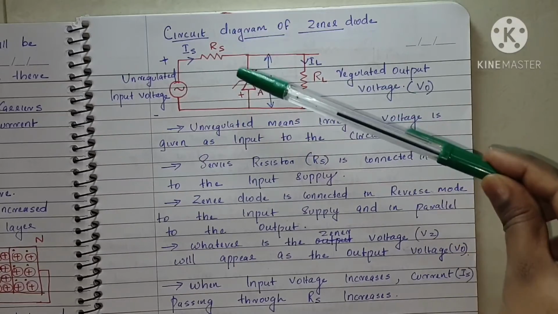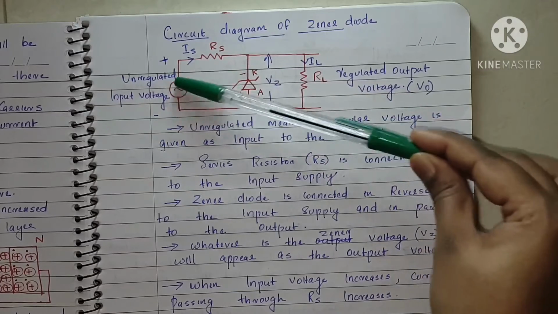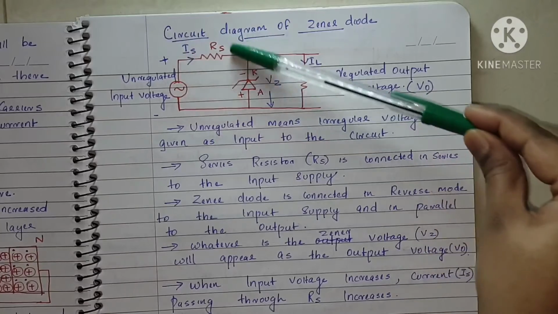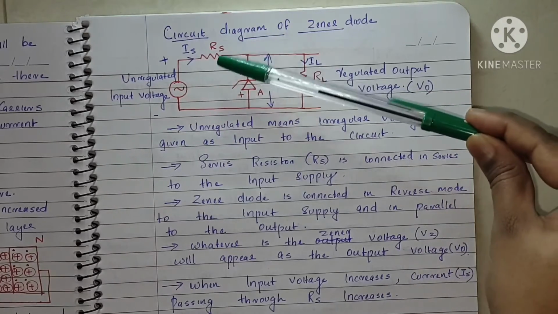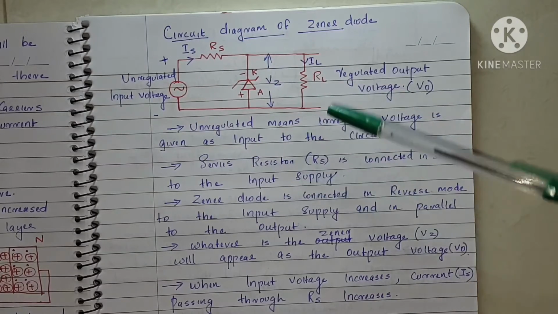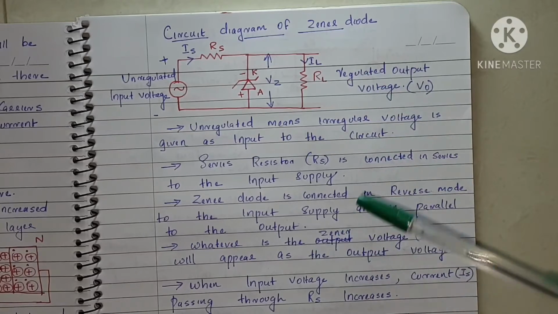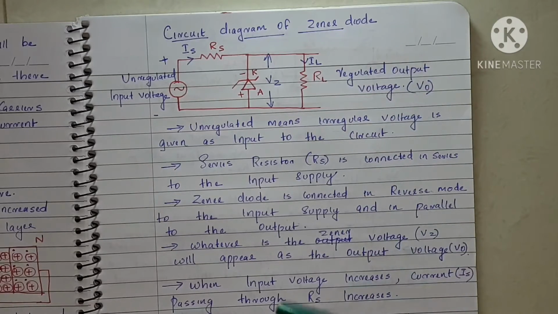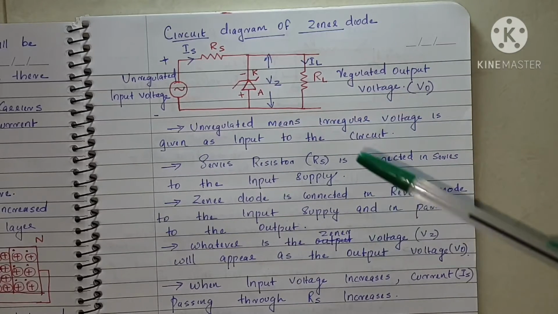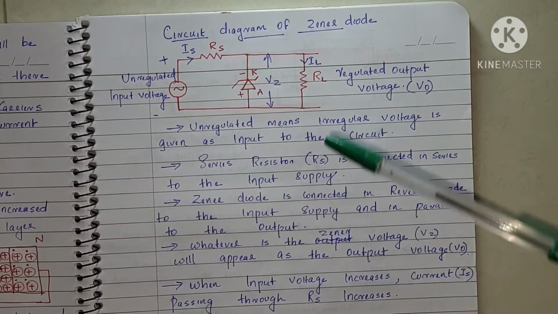This resistor value will always be constant. So this increase in input voltage is made constant by increasing the current flowing through RS. That is, the voltage drop will increase and thus we will get a constant output voltage across the load resistor. This is the reason why the Zener diode is used as a voltage regulator.